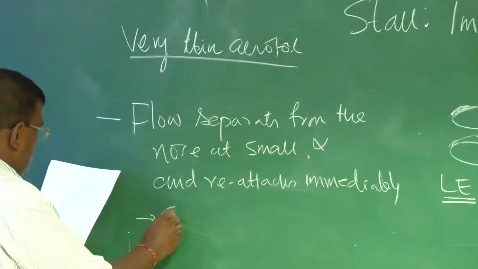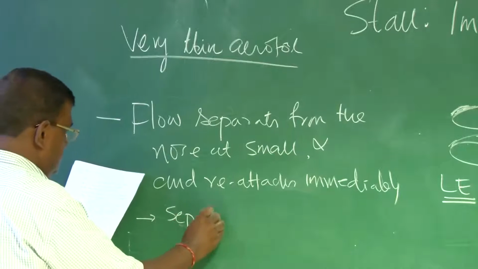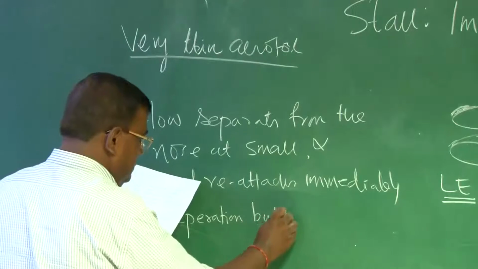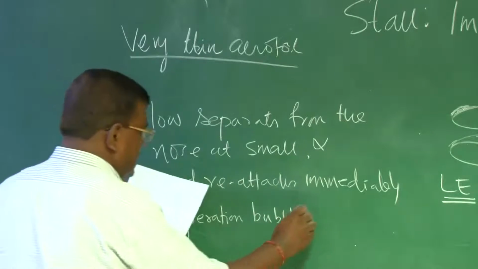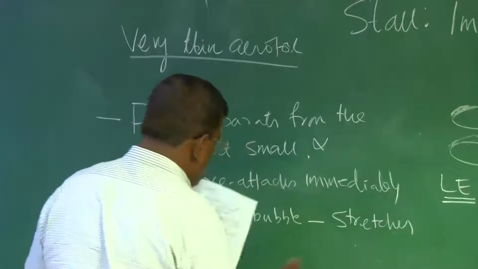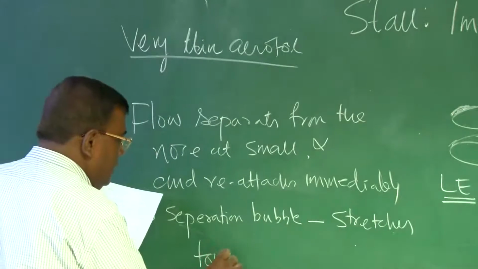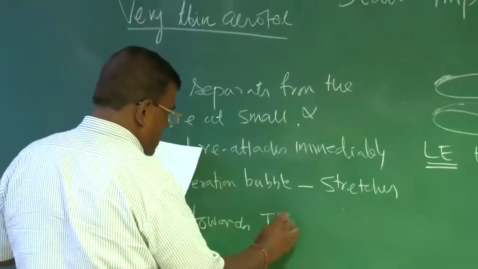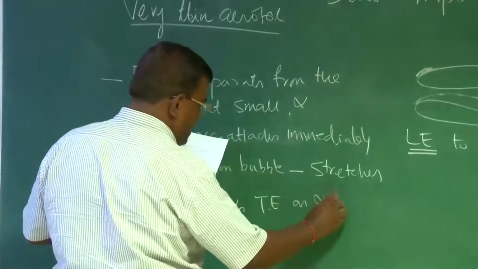It says the separation bubble stretches towards the trailing edge as alpha is increased.